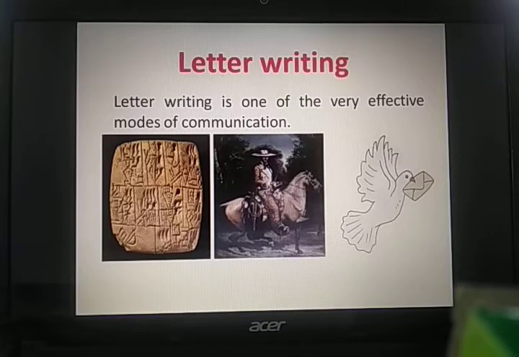And second is through the messengers who used to carry the messages from one place to the other. And another mode of communication used to be through the pigeons. You can see in picture number 3, pigeons used to carry the messages from one place to another, one kingdom to another, one person to another person. Okay, so letter writing actually is a very effective mode of communication.